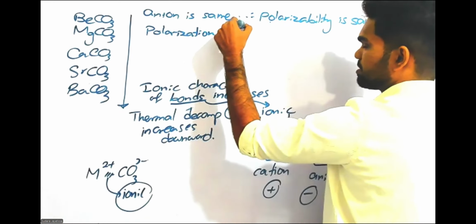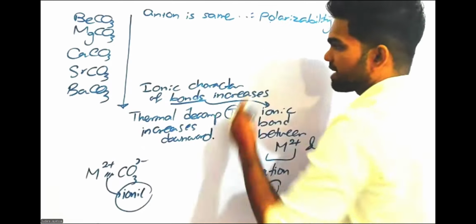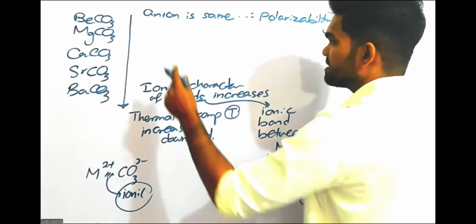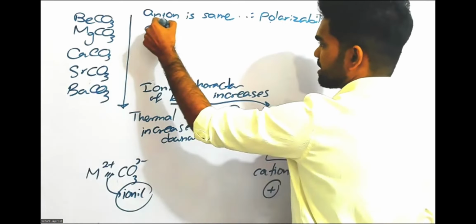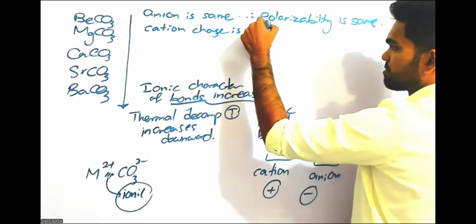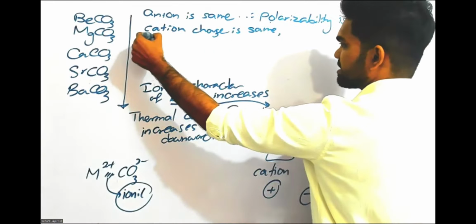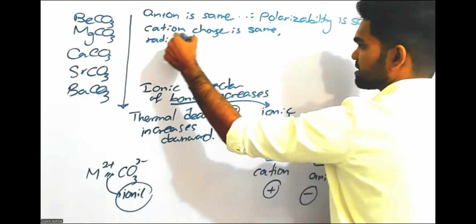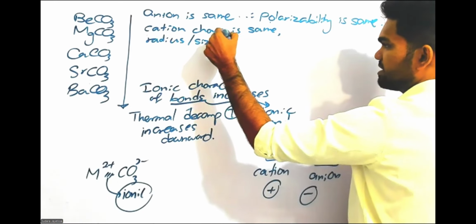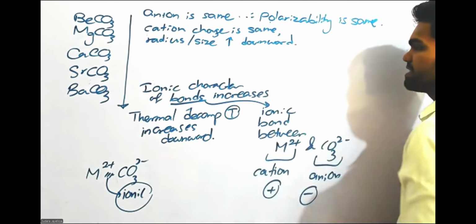First of all, in the cation, the charge is the same, but the radius or size increases downward. Downward, size increases.